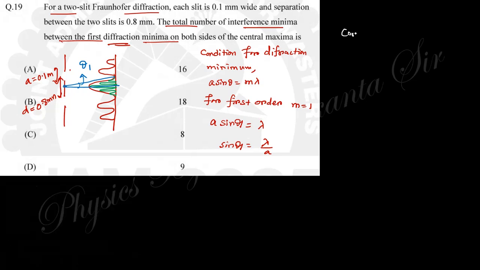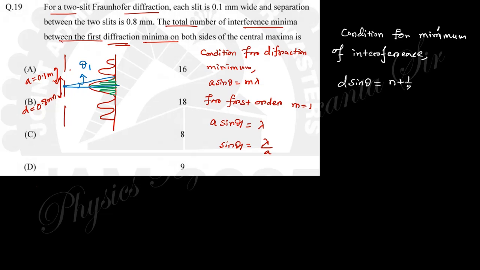Within that angle, if there are n interference minima, the condition for minimum of interference is d sin theta equals (n plus half) lambda. So sin theta equals (n plus half) lambda by d. On both sides, this theta must be less than theta 1.